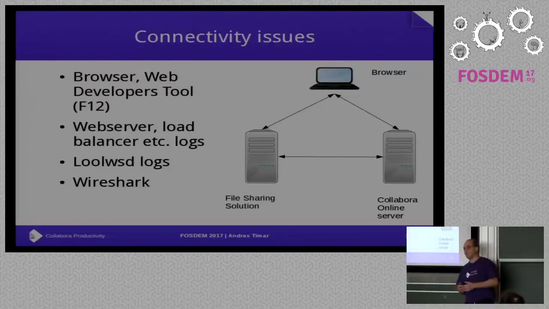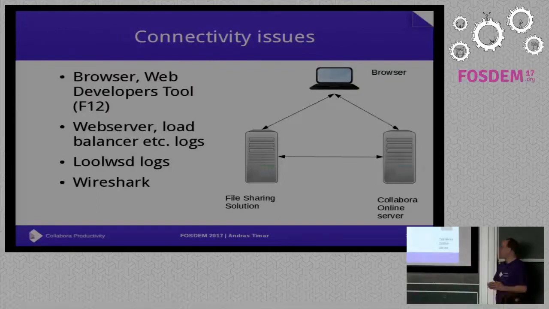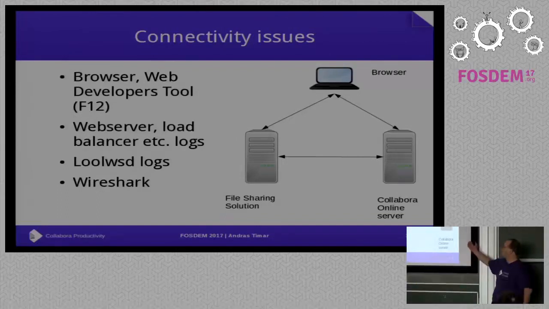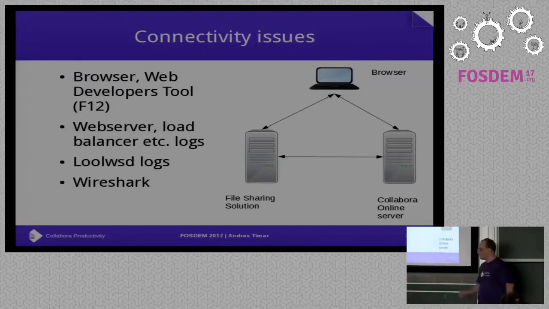This file sharing solution will embed LibreOffice Online into an iframe, and the Collabora Online server will download the file from the file sharing solution, and when we save the file, it will upload it there. And we communicate with the Collabora Online server itself from the iframe to the user browser.